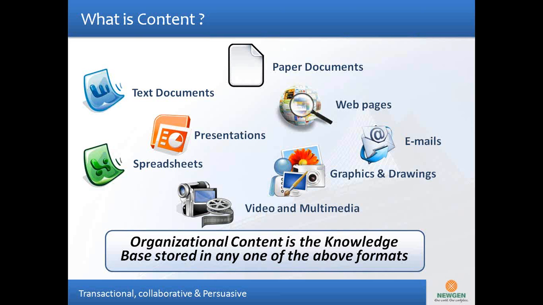So examples are memo, policy, proposal creation, and so on. Third classification of the content is persuasive content. It is the content which goes from organization to outside stakeholders, mainly customers. So the examples are statement, correspondences, and so on and so forth.